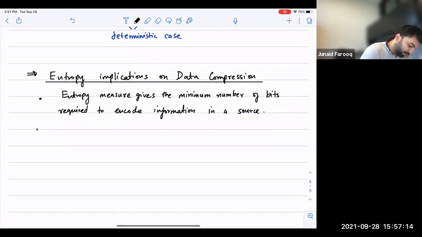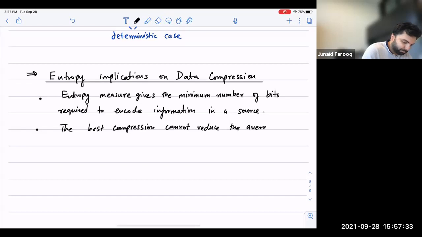And the second important fact is that the best compression cannot reduce the average length of code words any lower than the Shannon entropy of the source.